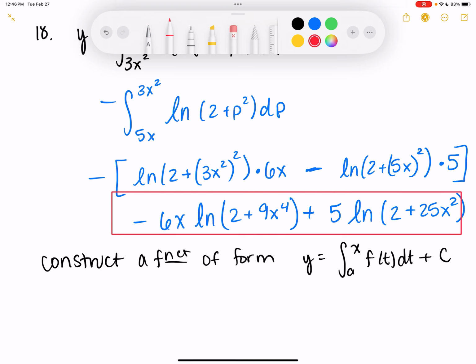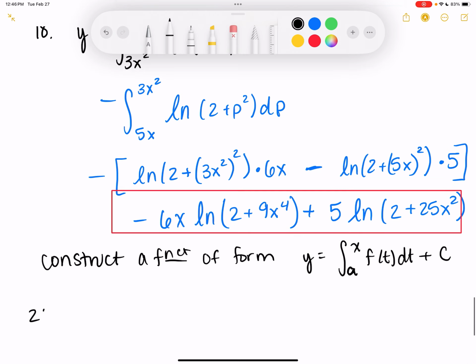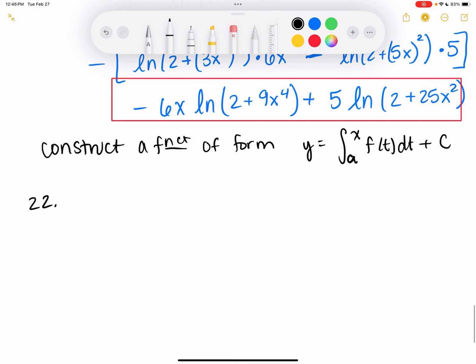Is that integral of a to x? Yeah. Okay, so one, and then that satisfies the conditions for the actual problem. So, like problem 22, dy dx is equal to e to the x tangent of x. Y is 0 when x is 8.